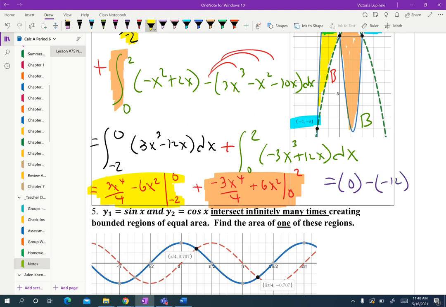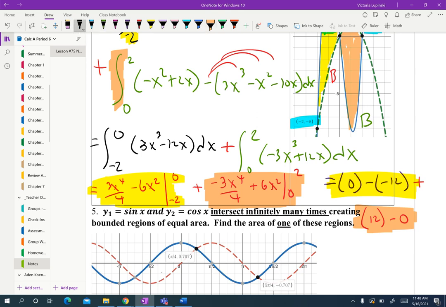And this is the yellow. Then you add it to the orange, where you're going to get a value of 12 minus 0. And this is the orange piece.